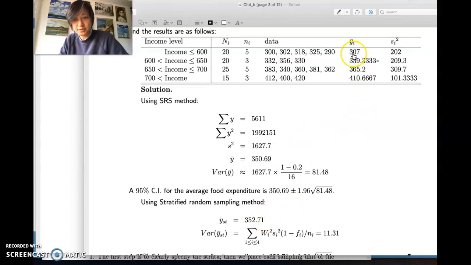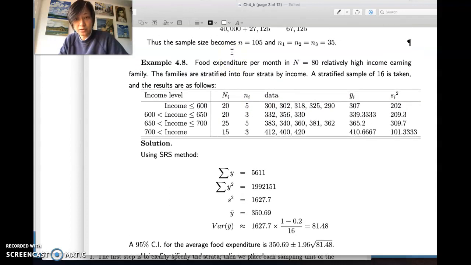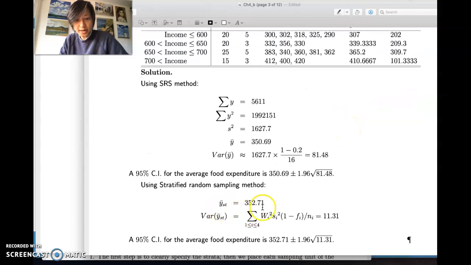So that would be 307 multiplied by 20 out of 80, plus 339 times 20 out of 80, and so on. Then the y bar estimate is 352.71. You can see that it's quite close to the y bar estimate from simple random sampling.